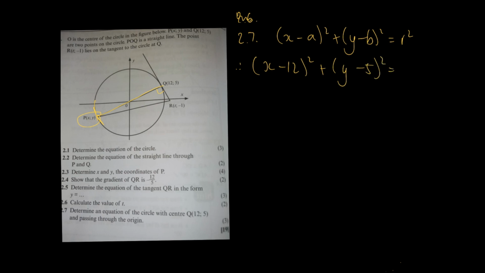The radius is still the same because the circle passes through the origin. It means that the length of its, not a very good circle, but that means that the length of its radius is going to be the same as the other circle. So that would be 169. Okay, so here your marks would be for that bracket, and that.